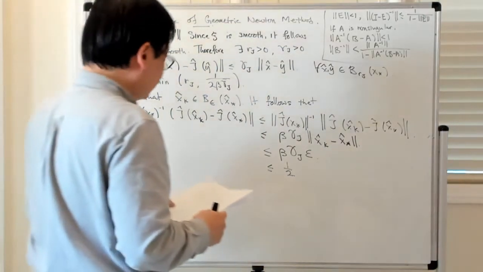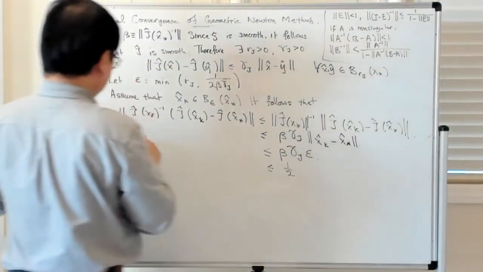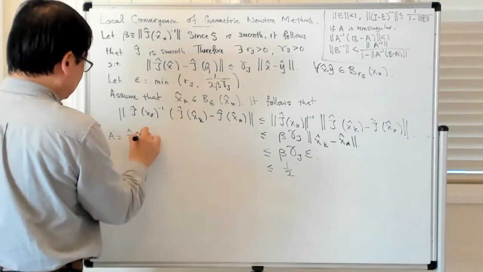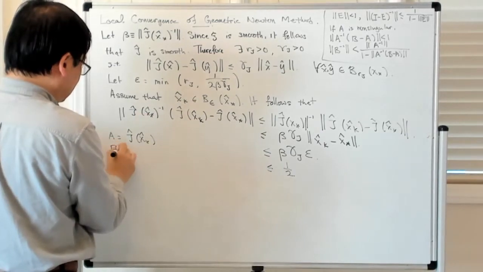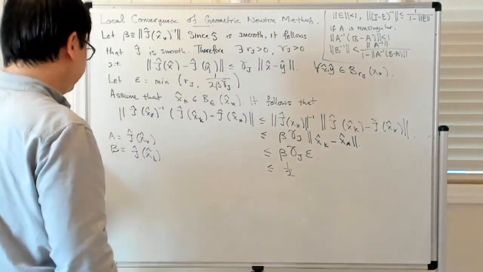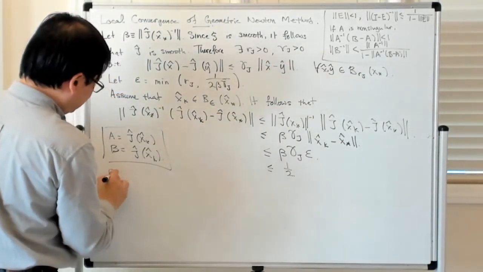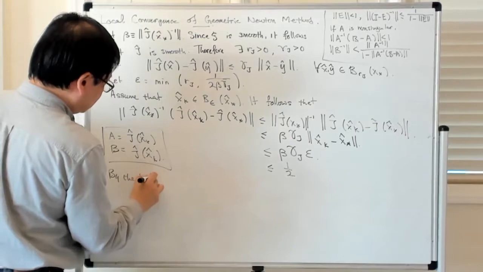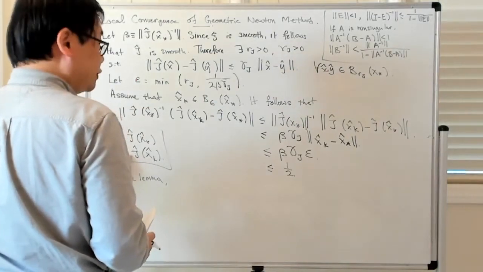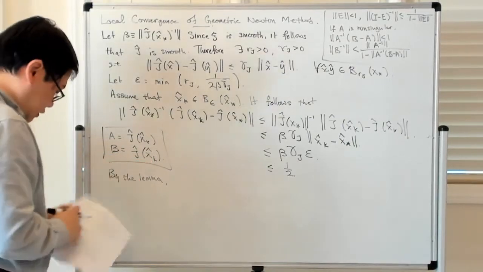So now I can invoke this lemma. Another way, A is J hat x star hat, and B is J hat x_k hat. By the lemma, we now have an estimate on the inverse of the Jacobian at the point x_k hat.